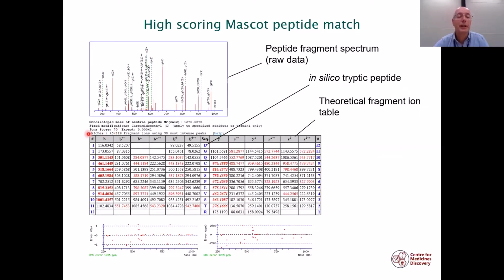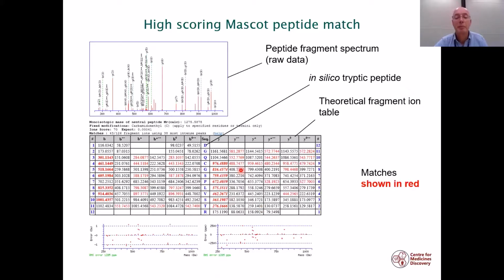This table here is a theoretical fragment ion table. So for this peptide, these masses are all the possible fragments that could be generated from this sequence.